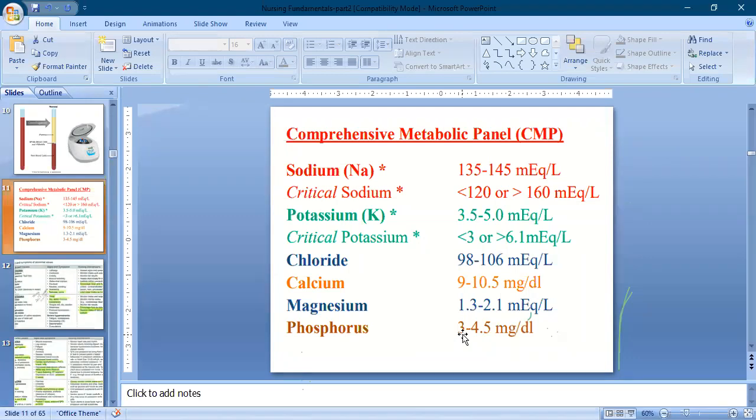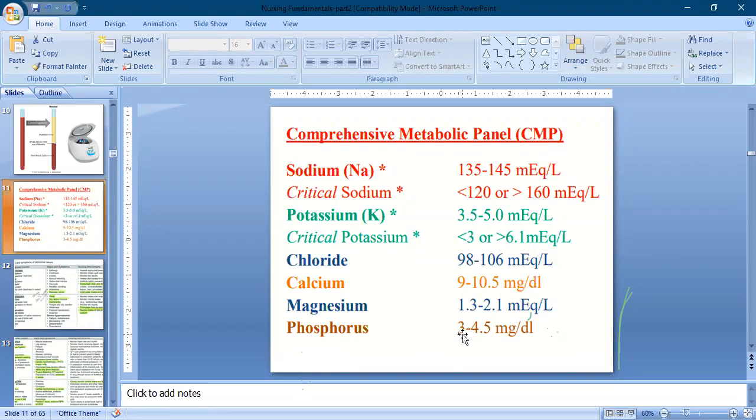So I want to recap it. Phosphorus: if the patient develops hypoparathyroidism, that means parathyroid hormone goes down, calcium level goes down, but phosphorus level goes up.